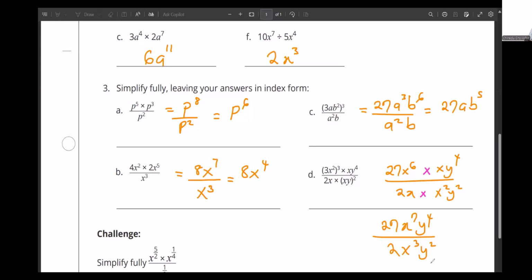Now, if you simplify that, that's going to be 27 divided by 2. I think it's going to be like 13.5. Yeah. And x to the power 4 and y to the power of 2. I think that really sort of confirms it.